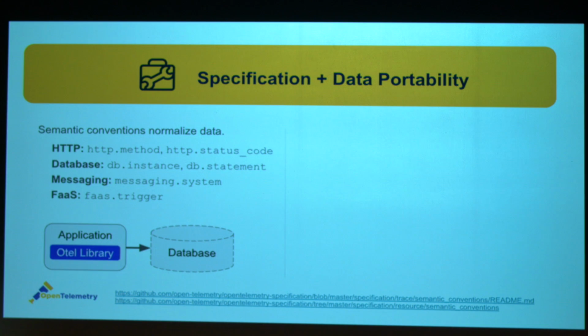I can see all of my application telemetry data and all of my calls to, say, the cloud provider database, and I can now visualize that, query over it, and ask questions about it in my observability backend because OpenTelemetry has these semantic conventions, which is very powerful. So as long as the destination of your telemetry data supports the OpenTelemetry standard, you can start to do some of these more powerful things, like see in a service map a database that isn't instrumented by you. Now, you don't get full visibility because there may be other things calling that database, but at least for all the things that you control, you now have visibility into that data set.